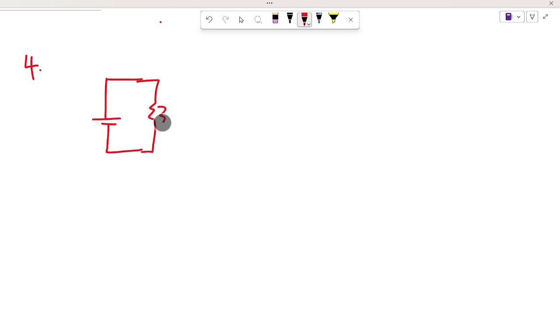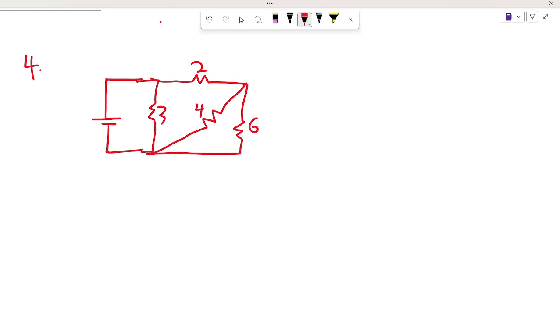We have a 3 ohm resistor here. Then we have a 2 ohm resistor. And then we have a 4 ohm resistor, and we have a 6 ohm resistor here.